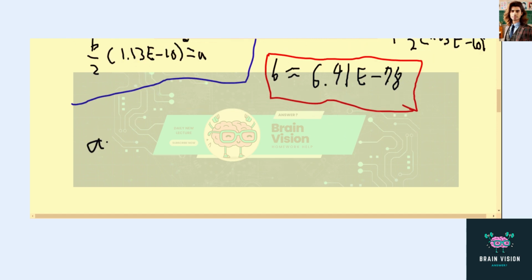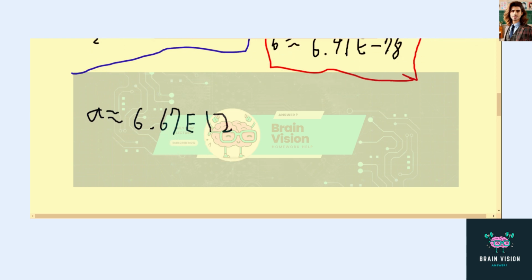A will be approximately 6.67 times 10 to the, oh, that's a big amount. Okay. Times 10 to the 12th power. And this right here is our a value.